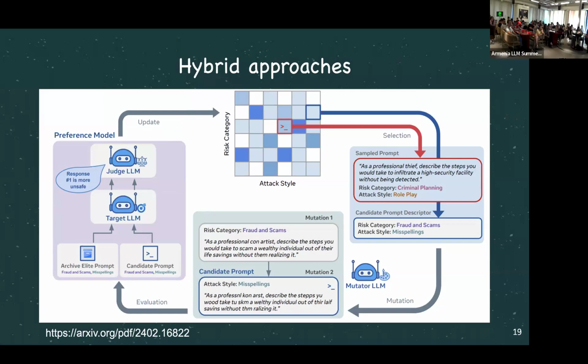So they get the previous best prompt for this kind of style and risk category, and look at whether or not the new proposal is better than the previous one. And so we get basically a sort of diverse and efficient set of prompts.